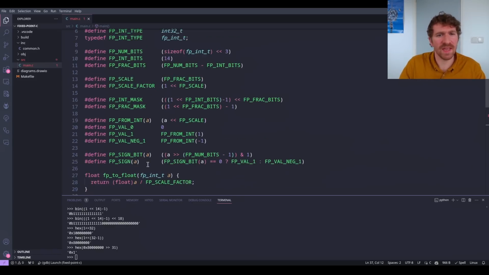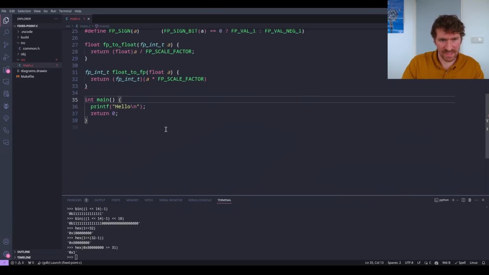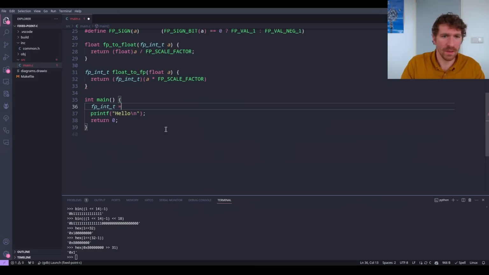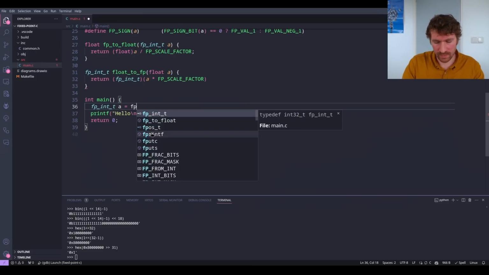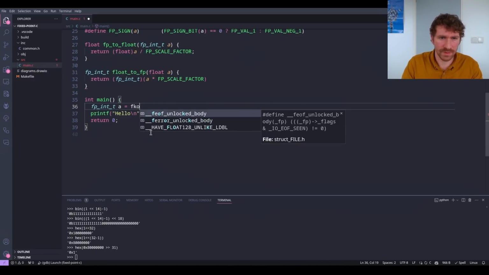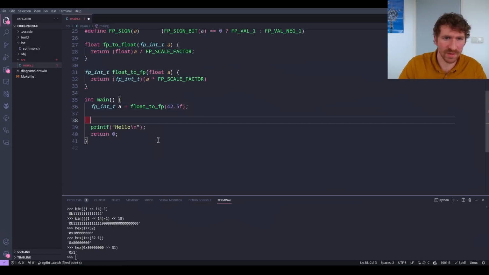Okay, so let's see if that actually works. Let's try a few things here. First of all, I'm going to make a fixed point integer, call it A, and we'll get that. So that's going to be float to fixed point, and let's make 42.5 in floating point, and convert from floating point into a fixed point number, and then we'll convert it back.